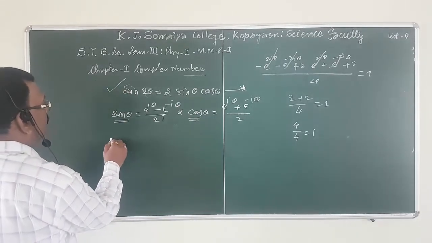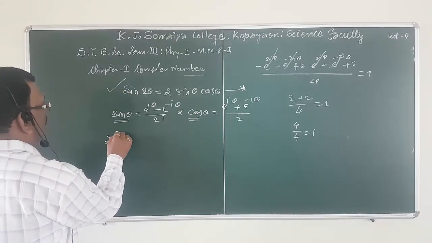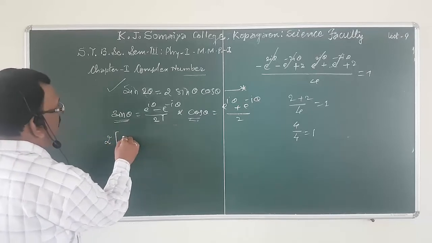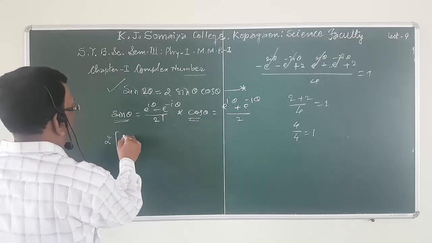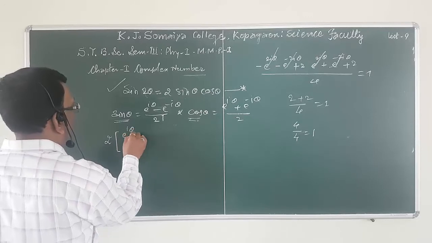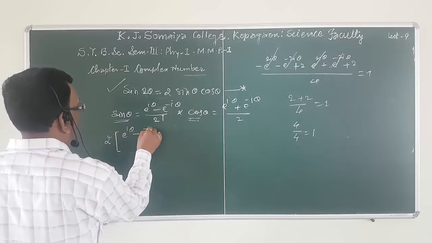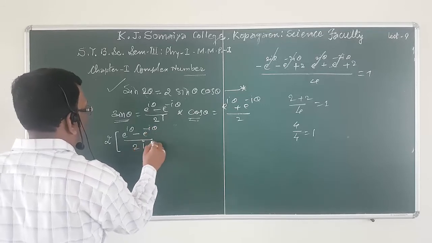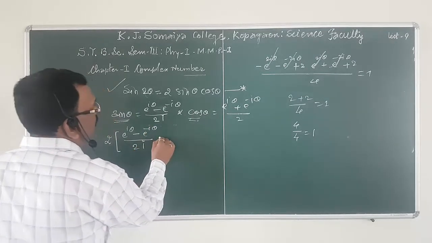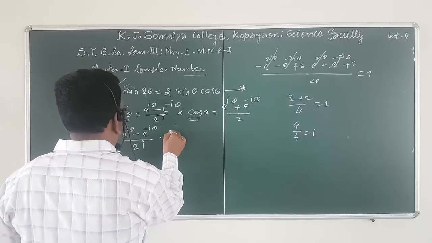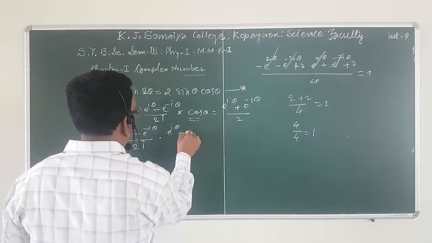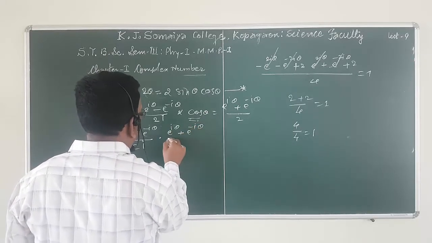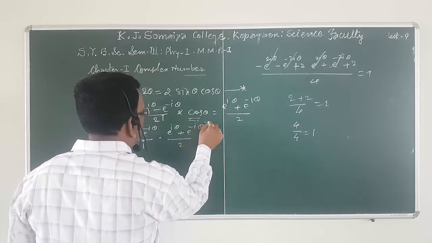We have 2 times (e raised to i theta minus e raised to minus i theta upon 2i) into (e raised to i theta plus e raised to minus i theta upon 2).